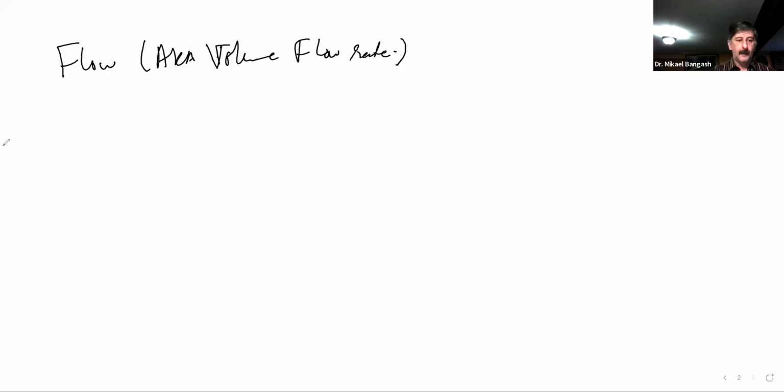Flow mainly is the motion of liquids and gases.